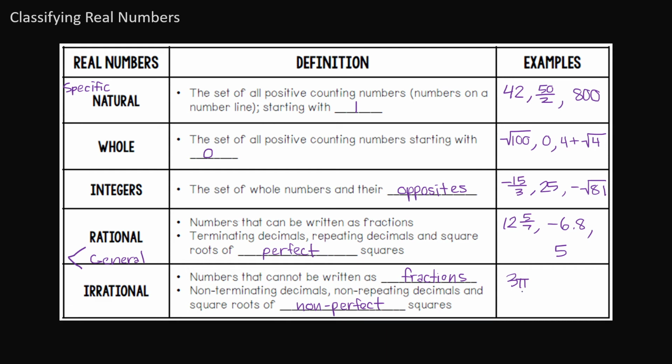Any number multiplied by pi would be irrational. The square root of 10. We know that 10 is not a perfect square. No integer multiplied by itself equals 10. So that's a non-perfect square. That's irrational. And of course, we have our non-terminating, non-repeating decimals. Let's say, for example, 6.72345... Something like that, where it does not repeat, does not terminate.